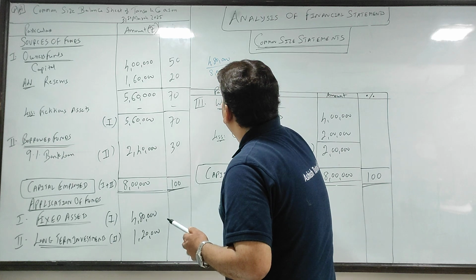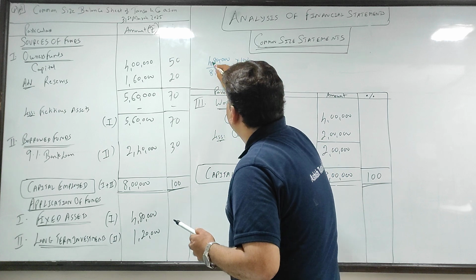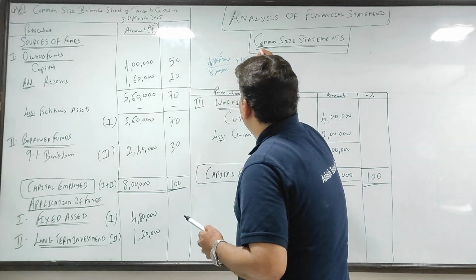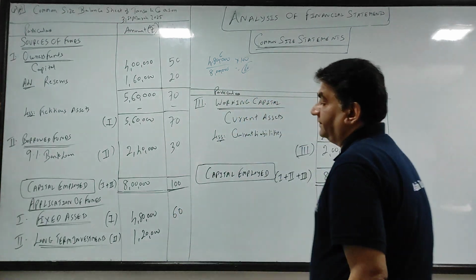Now see fixed assets, 4,80,000 divided by 8 lakhs into 100. 4 zeros, 8 6s are 48. So this will be 60. So this is 60.